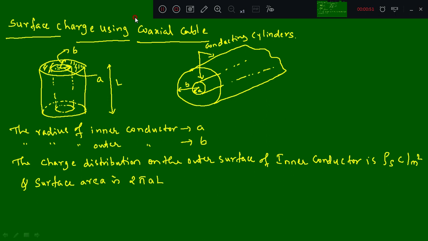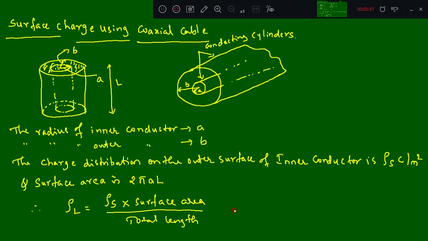Therefore, rho s can be expressed in terms of rho L. Rho L is nothing but the charge distribution times surface area divided by total length.